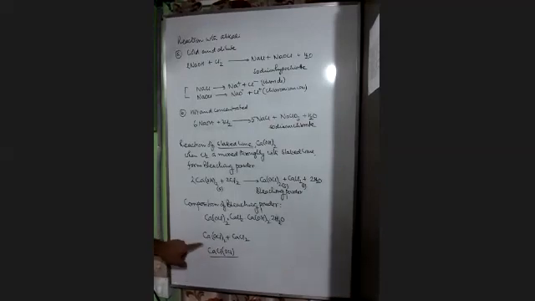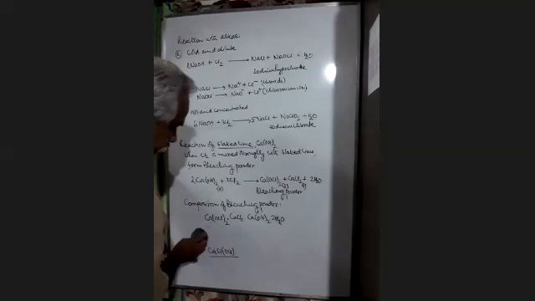But actually, bleaching powder is a mixture of calcium oxychloride and calcium chloride. All right. So whatever formula I have written is not wrong. All these 3 reactions are very, very important for you in the exam.